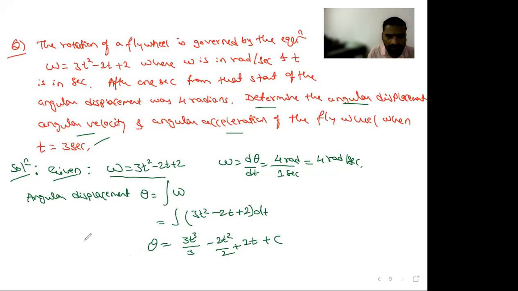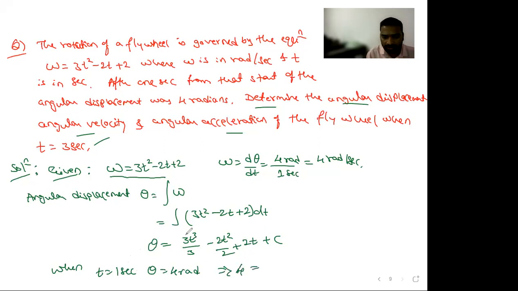You know that he has given, when time is equal to 1 second, theta is equal to 4 radian. So substitute in this. Theta is equal to 4 is given.